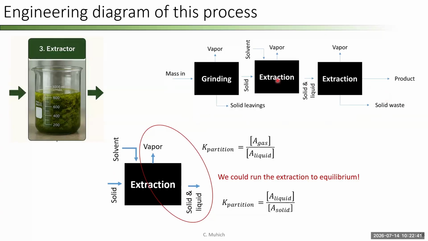We can determine how much is leaving as vapor, solids, liquids, etc., using concepts such as equilibrium, right? We spent a long time last time talking about equilibrium. We can use that information in these diagrams to determine how much is leaving as a vapor versus in the liquid phase, or how much is remaining in the solid versus the liquid phase, right?